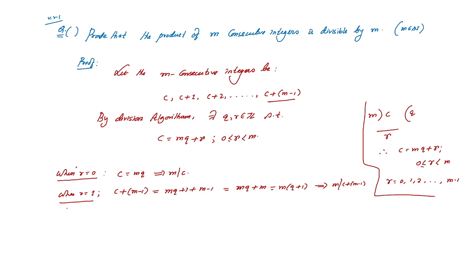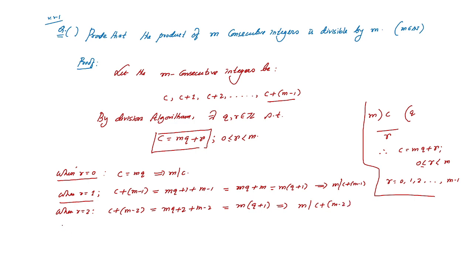Similarly, when r equals 2, we take the previous number c plus m minus 2. We just put the value of r in this expression. In that case c will be mq plus 2, so mq plus 2 plus m minus 2 will be m into q plus 1, and that implies m divides c plus m minus 2.